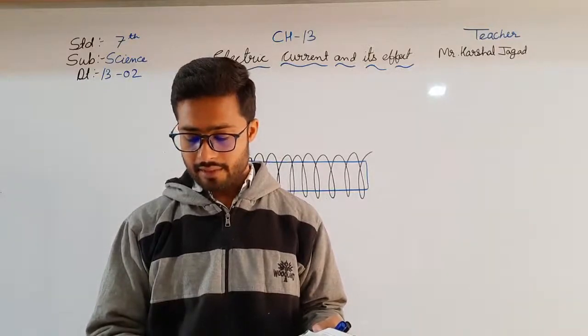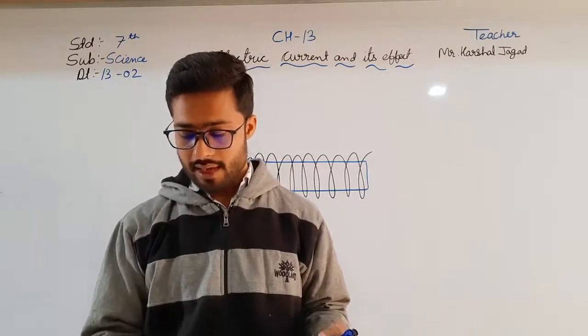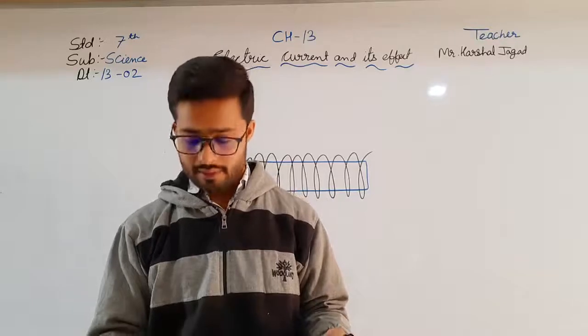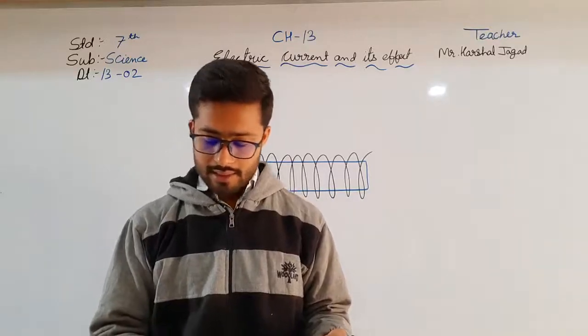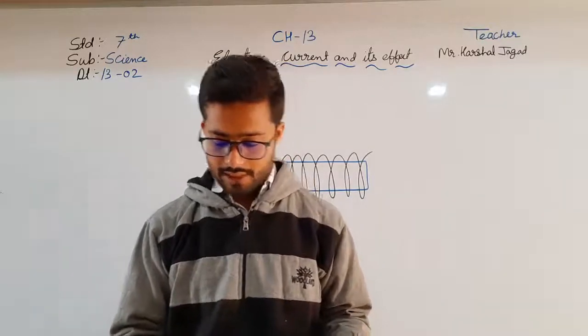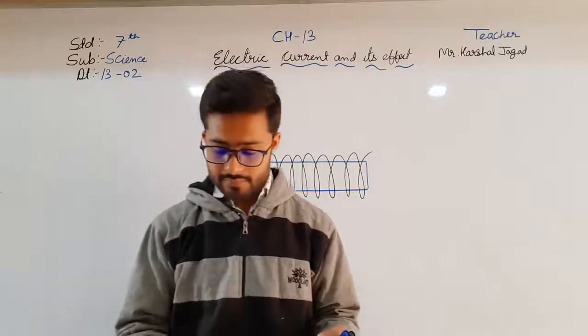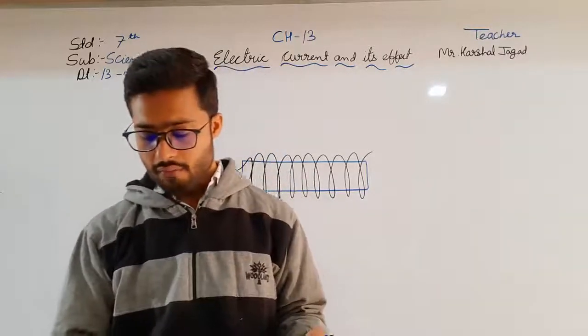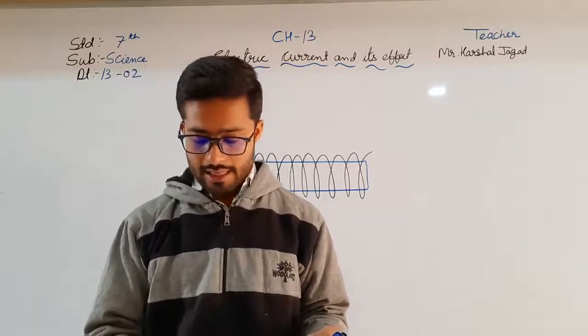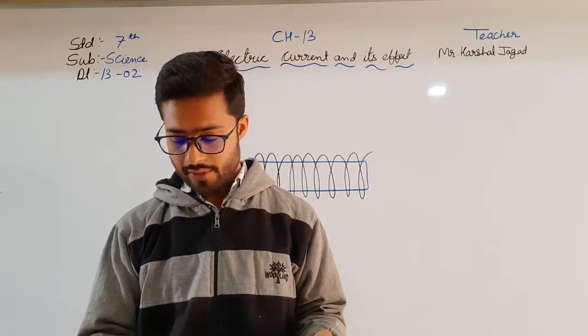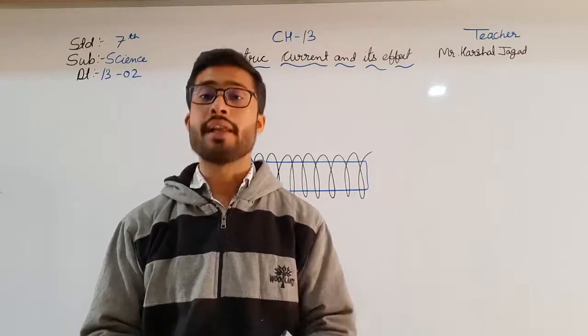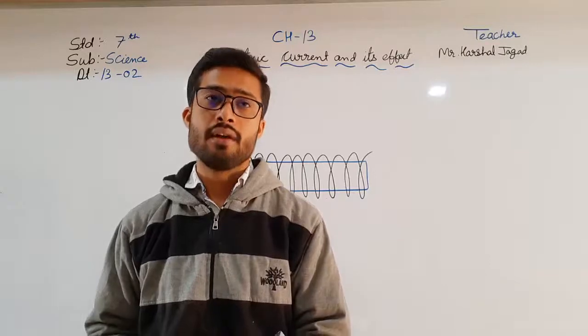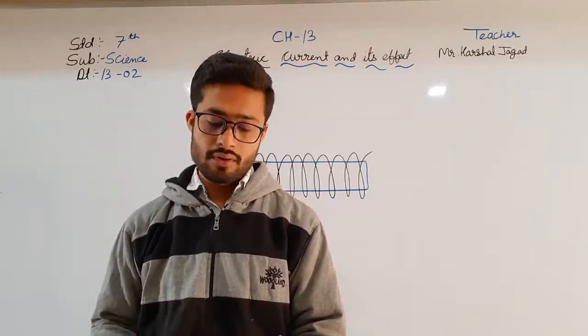This effect becomes even stronger if the wire is wound around an iron piece called the core. Such an arrangement, a piece of soft iron with an insulated wire wound around it that acts like a magnet when an electric current flows through it, is called an electromagnet.